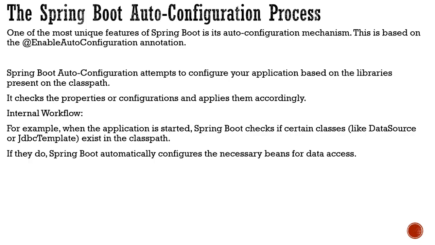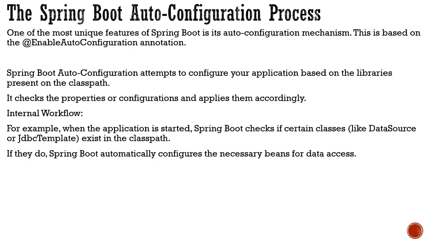Now, auto configuration will attempt to configure your application based on whatever libraries it finds in your classpath. So it checks for properties and configuration classes, and then it applies those configurations automatically.